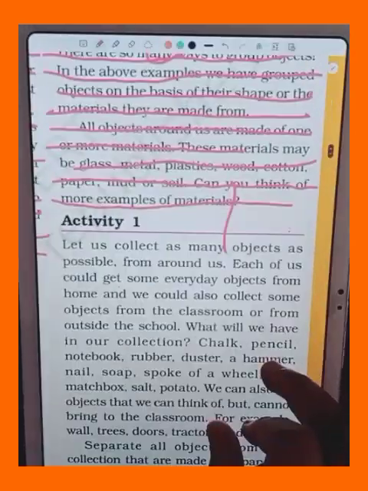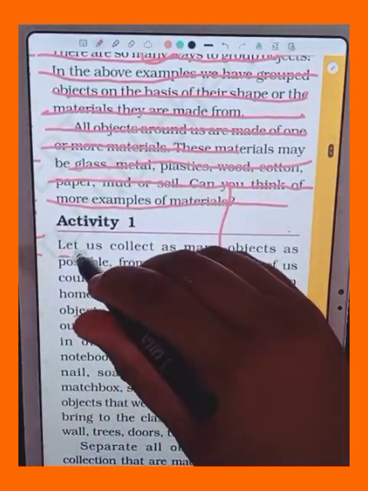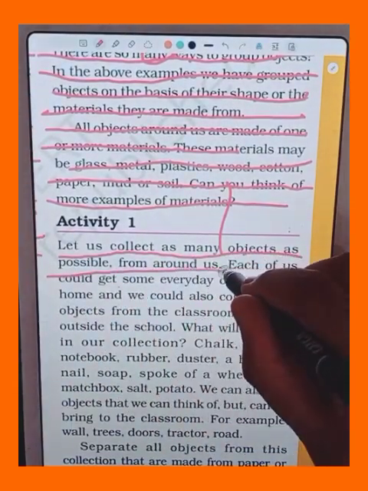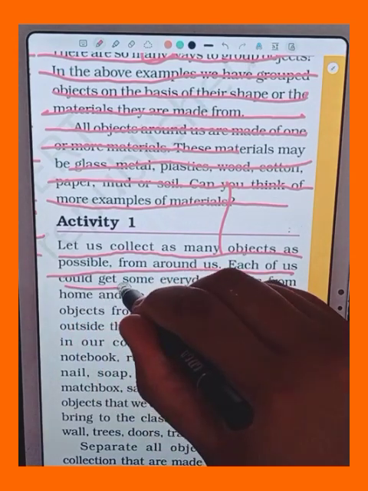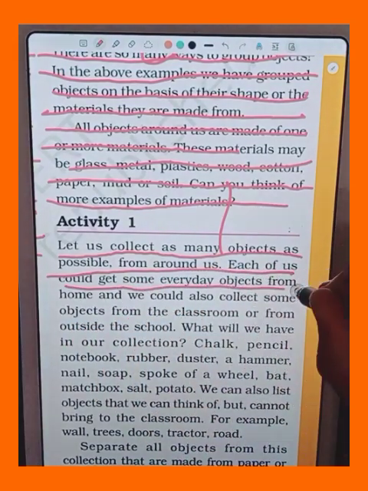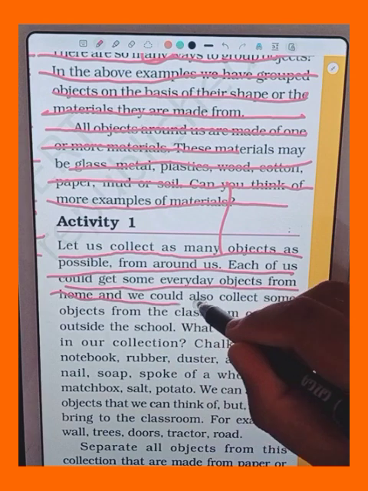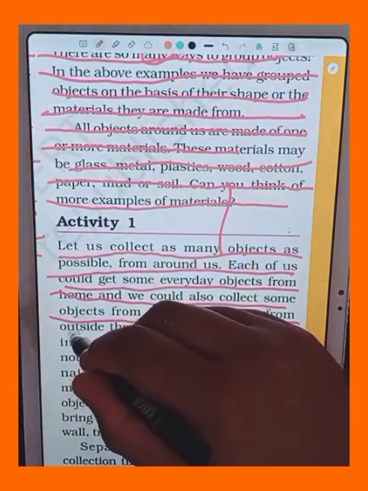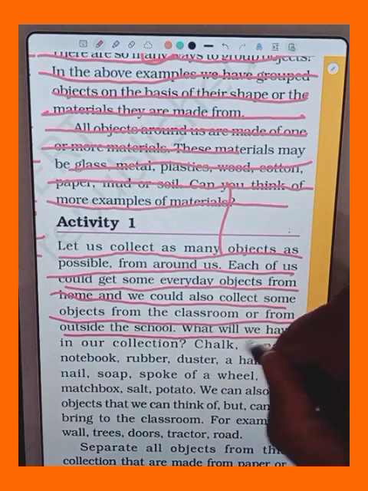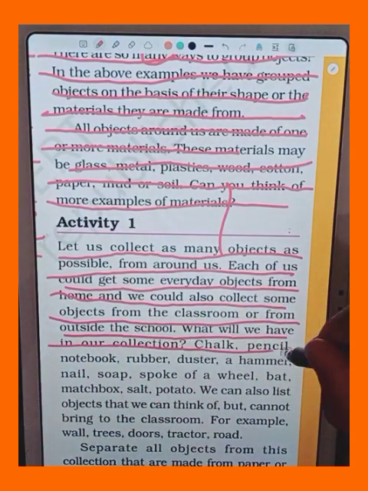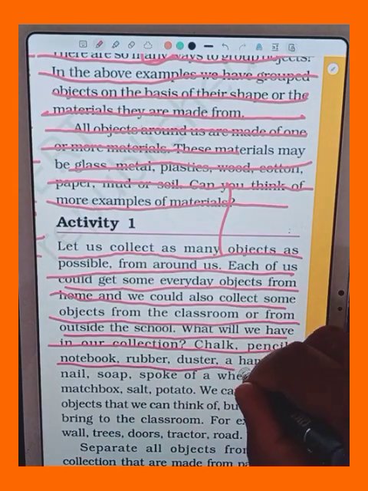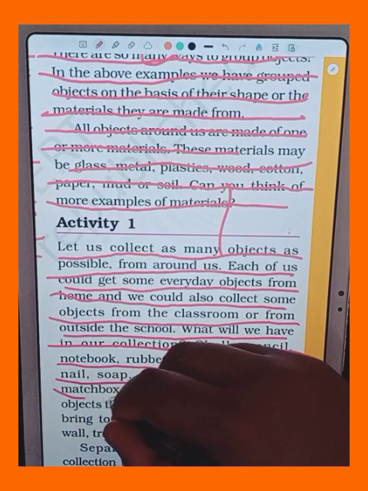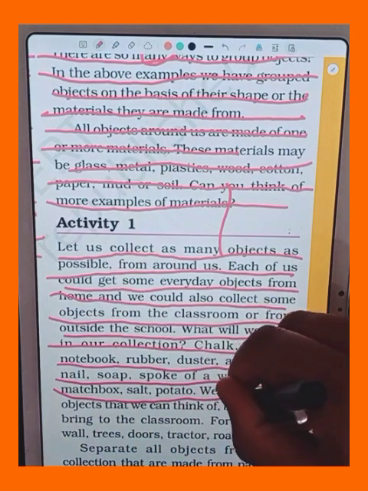Activity 1 says, let us collect as many objects as possible from around us. Each of us could get some everyday objects from home, and we could also collect some objects from the classroom or from outside the school. What we will have in our collection: chalk, pencils, notebook, rubber, duster, a hammer, nail, spoke of a wheel, bat, matchbox, potato.